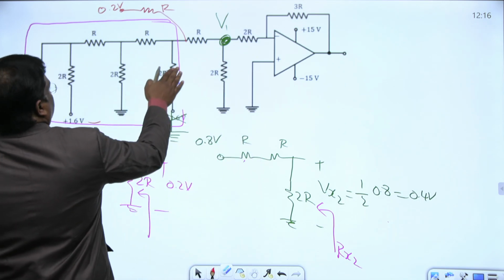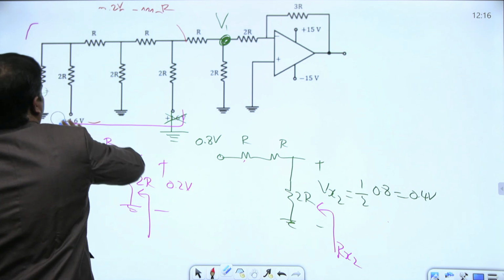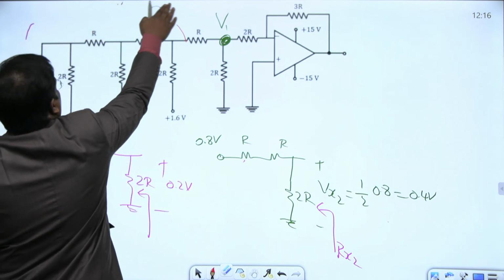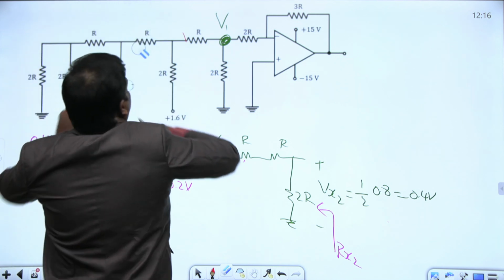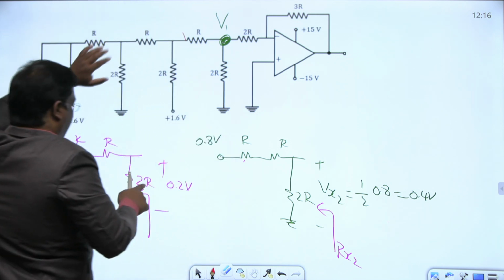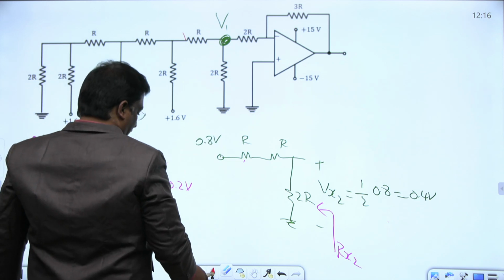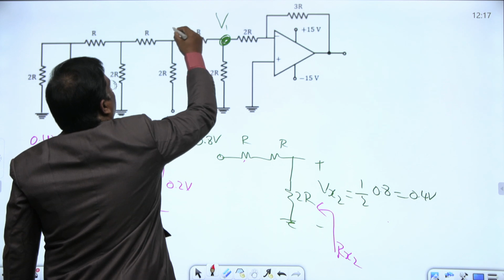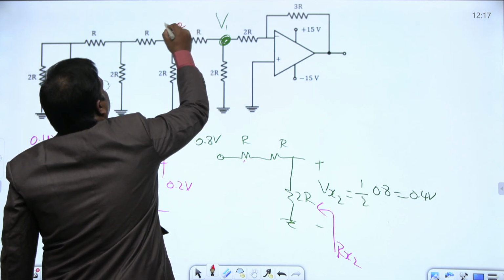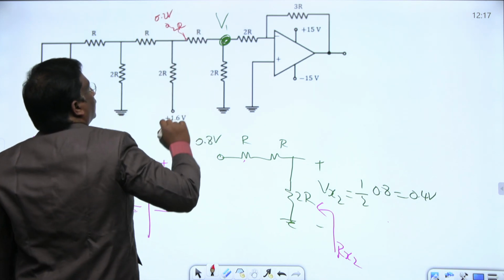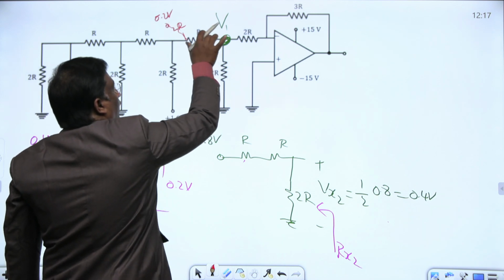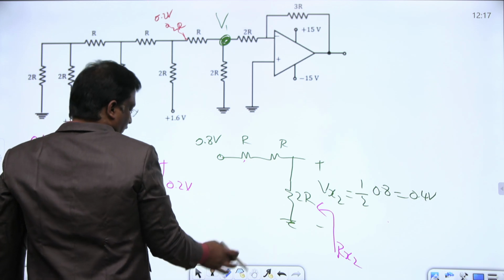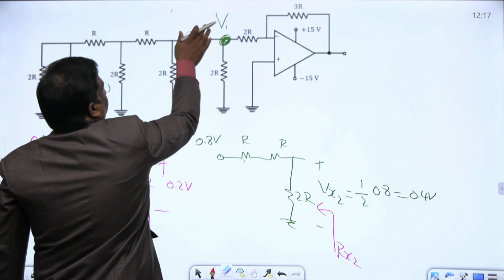Next, again voltage division rule, and this resistor and this R, in parallel and in series. Directly I am writing this point. This is R, actually up to now we have seen this is R, this is 0.2 volts. Now R series 2R, again 2R parallel, voltage division rule, up to here directly I am writing.